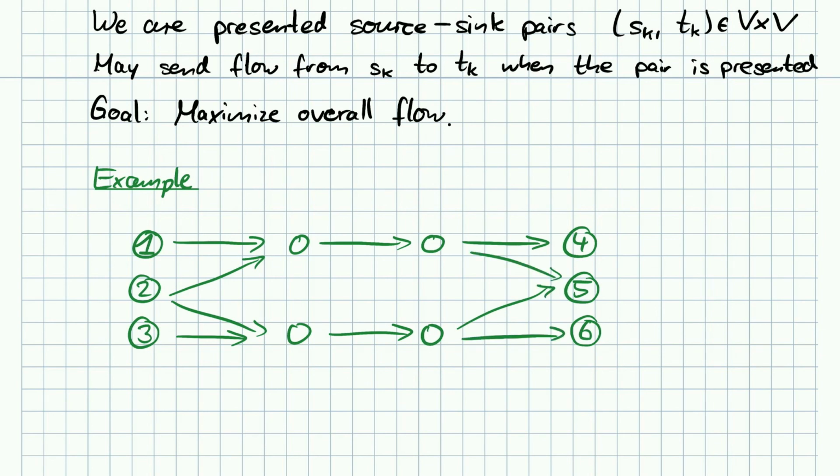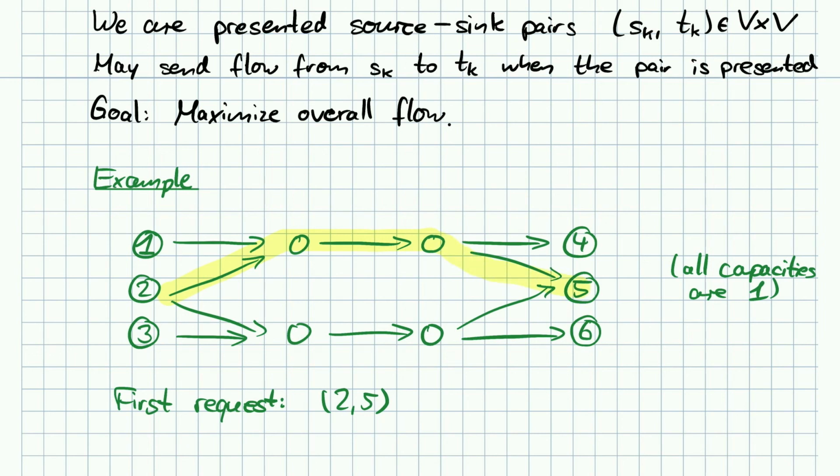All capacities are 1. And now, for example, the first request might be to 5, so we may not choose to send flow, for example, via this path.